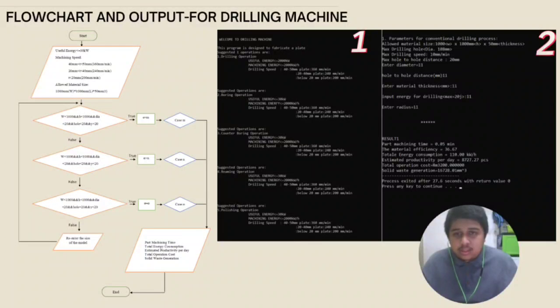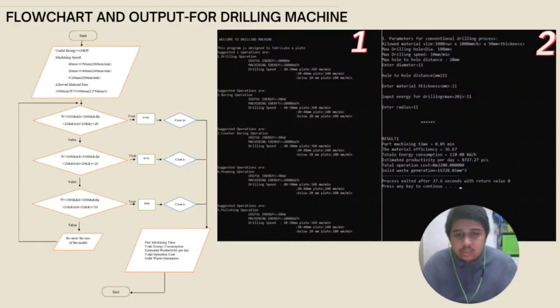So this is my second part, which is the flowchart output for the drilling machine. As we can see from the flowchart, we start, and then we go to the input, which is in orange.